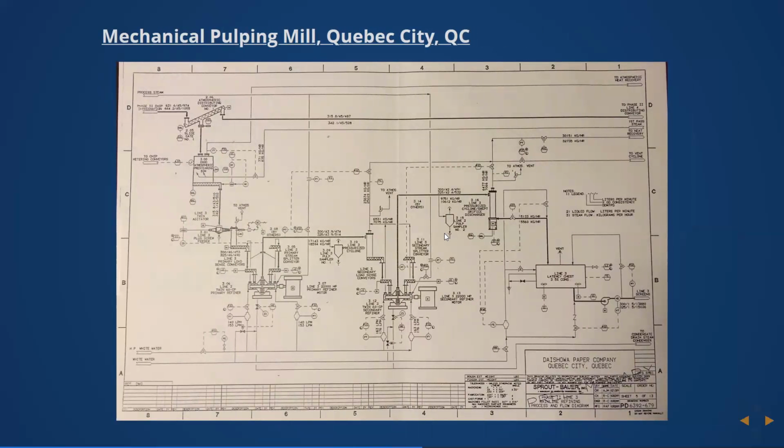So if we look at different kinds of drawings, that is from a paper mill in Quebec City that I worked on. I think I did this drawing. It shows the process equipment, it shows information about it, it shows information about what is flowing through.